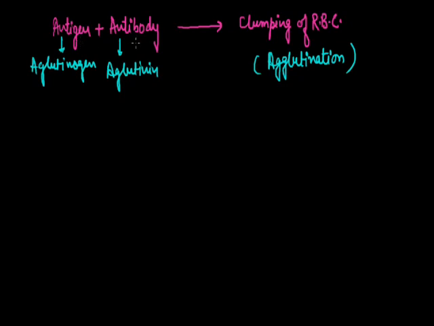The same kind of antigen and antibody can react together, and clumping of RBC is done. Antigen is known as agglutinogen and antibodies are called agglutinin.